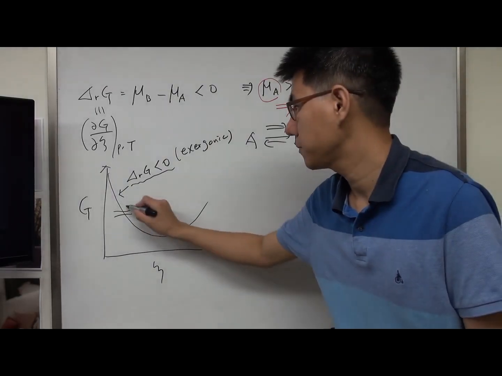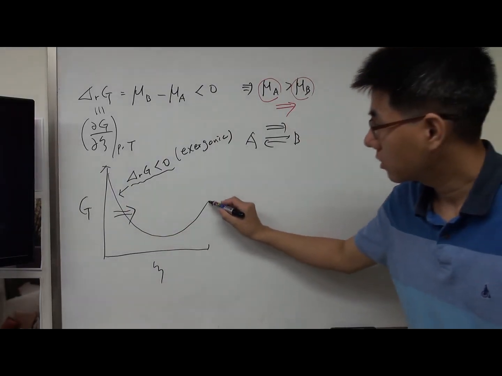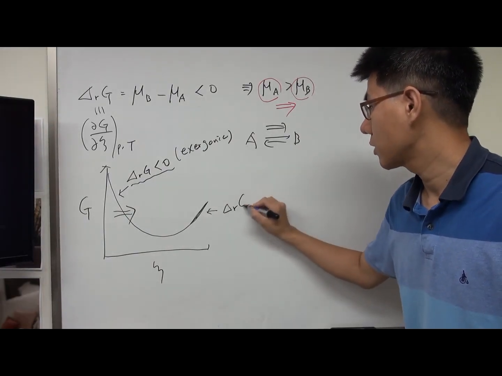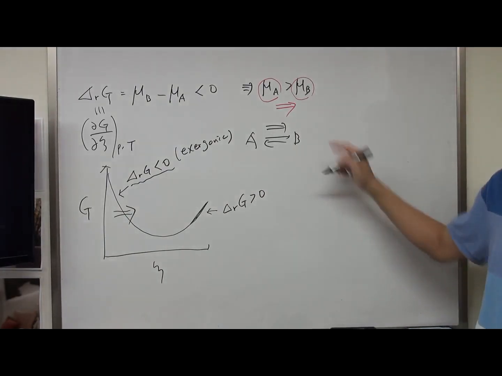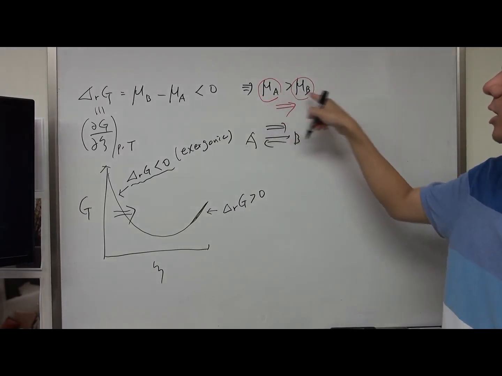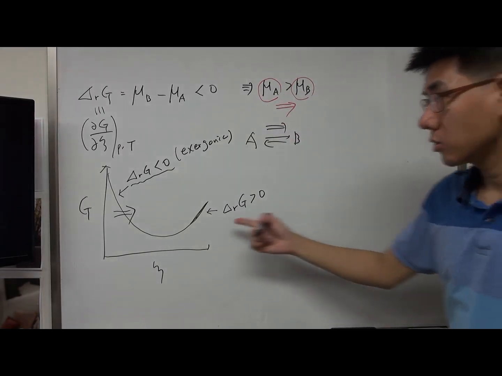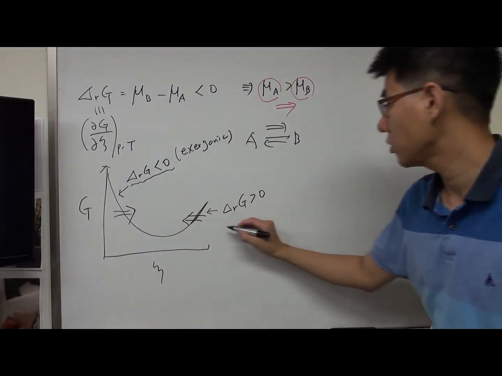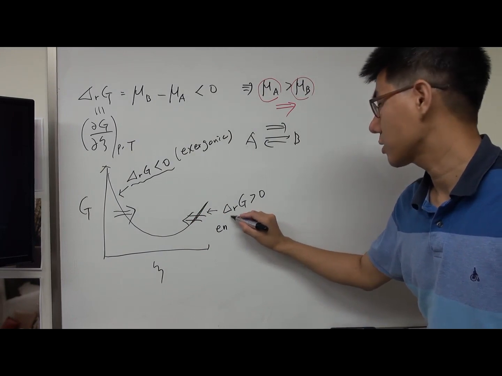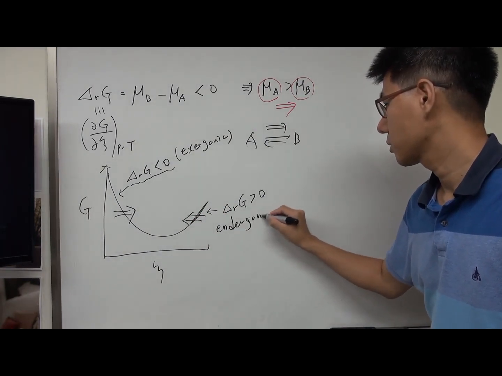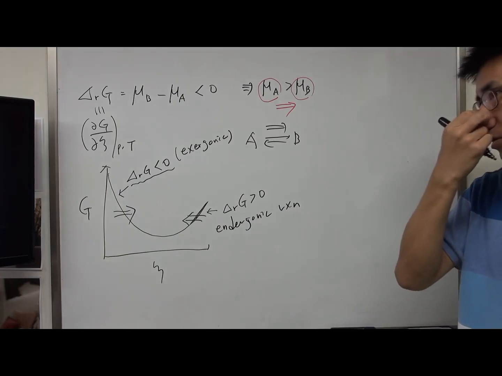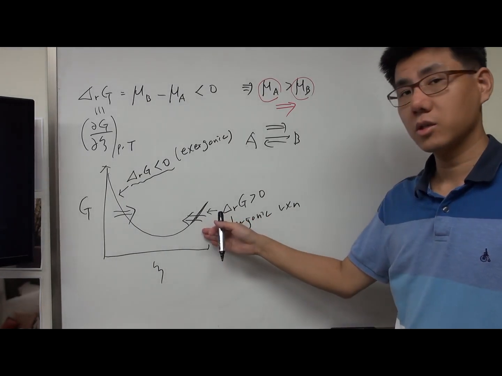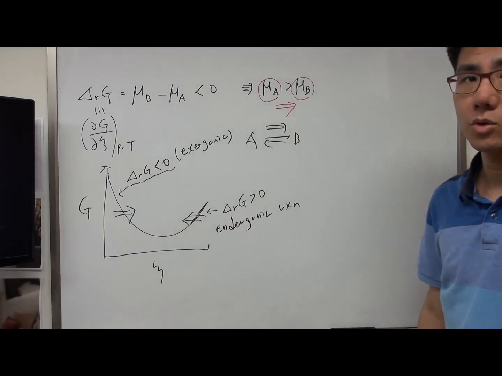So forward reaction. On the other hand, in this region, the slope is positive. Reaction Gibbs energy is positive, which means that chemical potential of A is smaller than chemical potential of B. So in this case, the reverse reaction is spontaneous, and that reaction is called endergonic reaction. Endergonic reaction is the reaction at which reverse reaction is spontaneous.